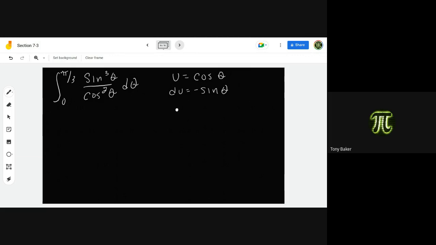And then U of 0 is cosine of 0, which is 1. And U of pi over 3 is cosine of pi over 3, which is 1/2, which is the very first problem I did in class today.